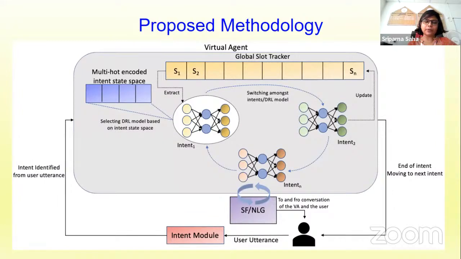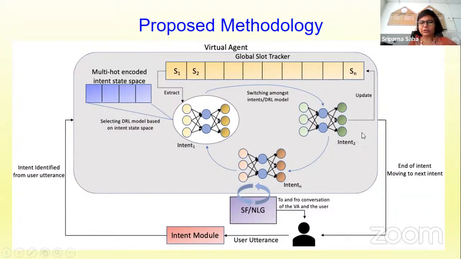If a particular utterance has two intents active, then the corresponding values will be equal to 1. So this is a multi-hot encoded intent state space. Accordingly, as I mentioned, for each intent there is a separate network. For example, this network is responsible for serving intent 1.